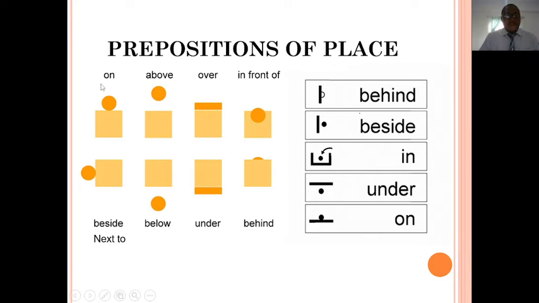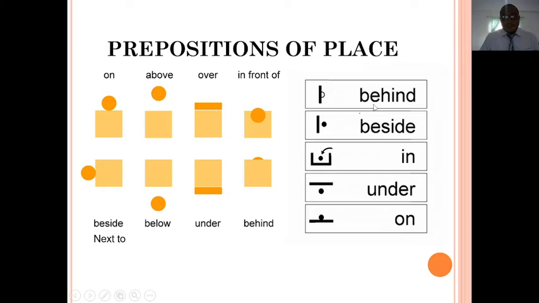So one more time, on, above, over, in front of, besides, next to, below, under, behind.